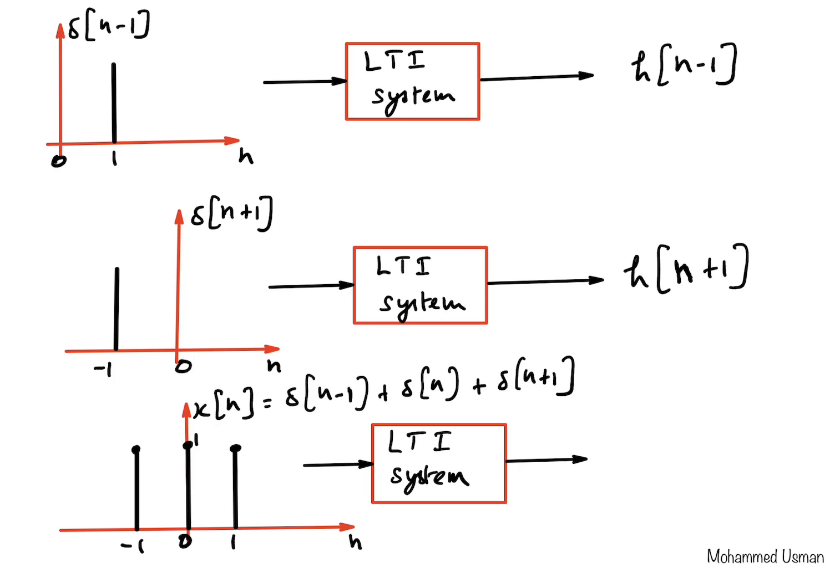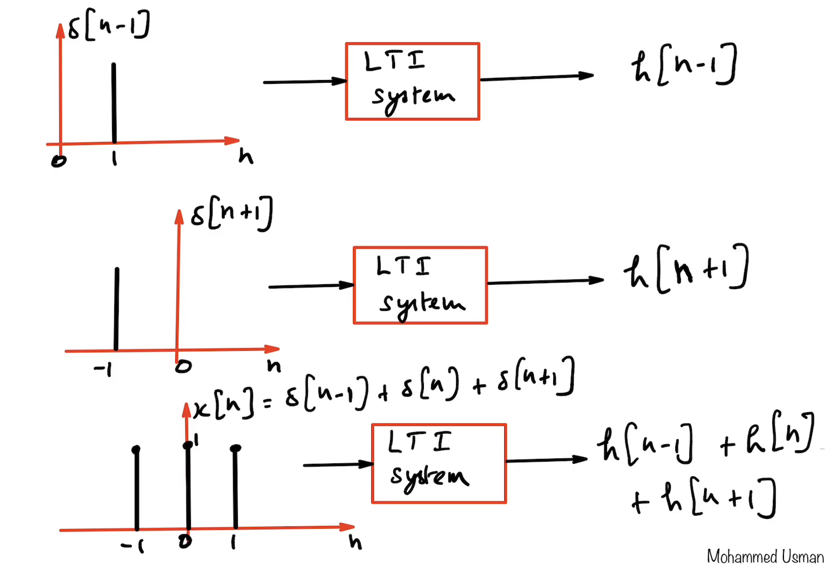So we will get this output, which is the summation of all these three individual outputs: h of n minus 1 plus h of n plus h of n plus 1.